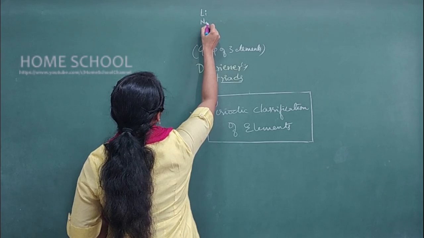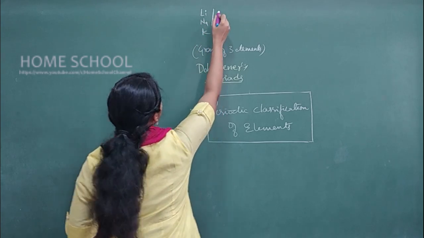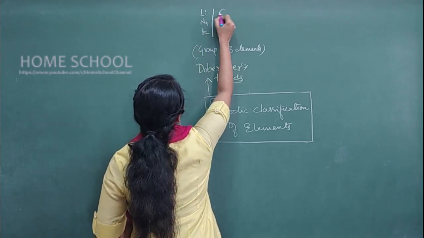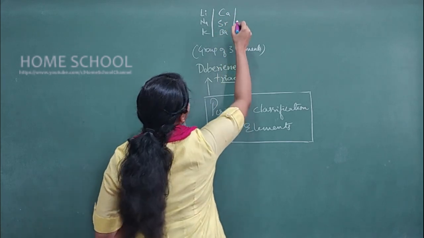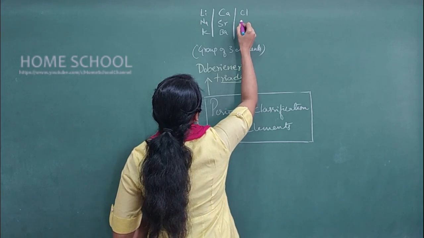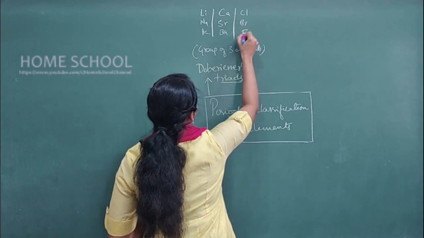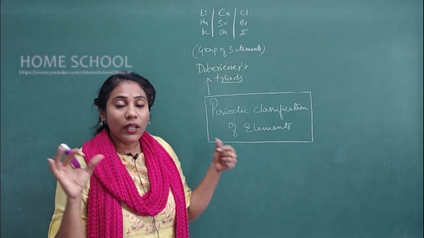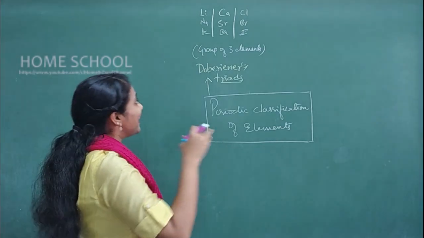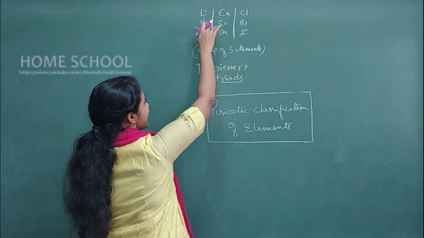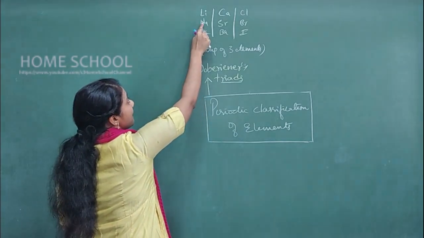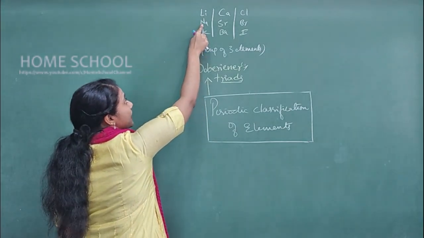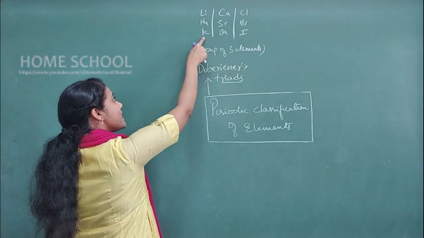Lithium, sodium, potassium is one triad, and later calcium, strontium, barium is another triad, and you have chlorine, bromine and iodine as the third triad. And what is the principle here? He arranged the elements in the increasing order of atomic mass such that the atomic mass of the middle element is the average of the first and last.